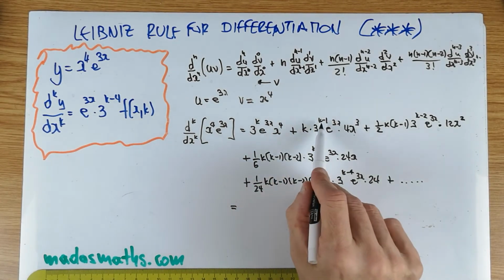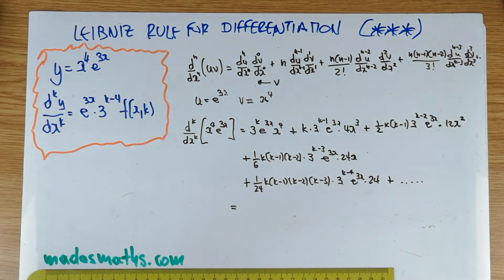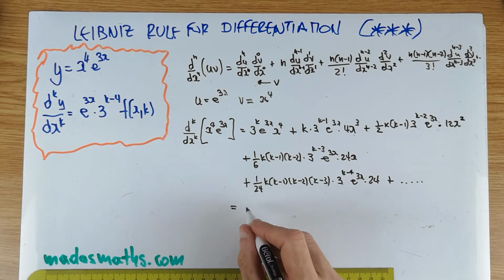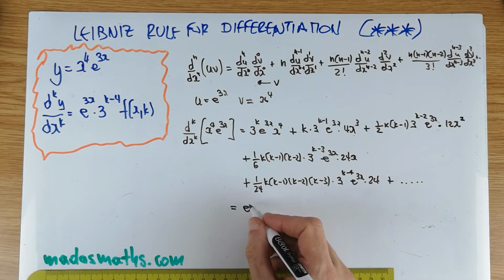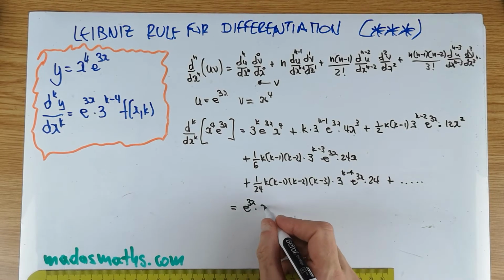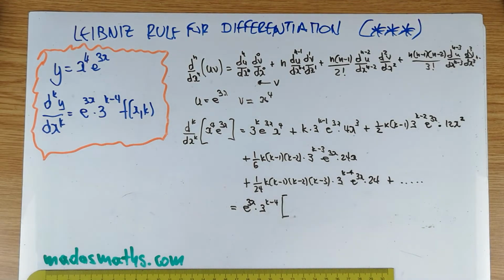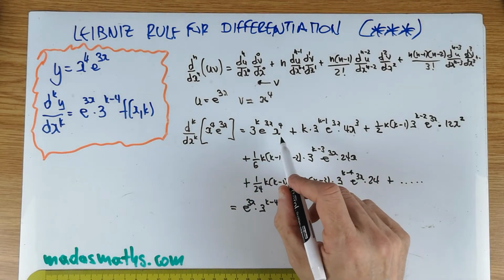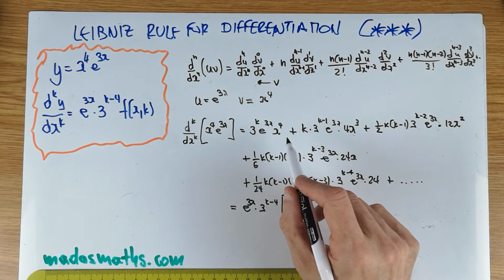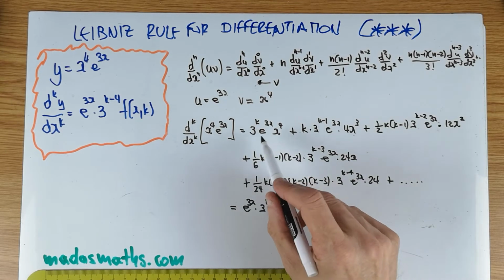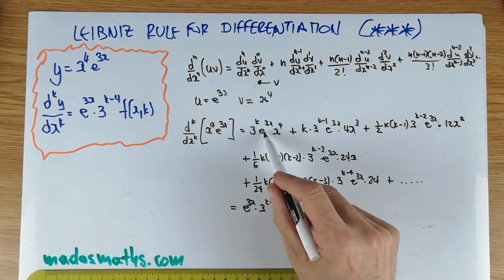Look at the pattern, k minus 1, k minus 2, k minus 3, k minus 4. So let's do that. So we have e to the 3x times 3 to the k minus 4. Big square bracket. Okay, what do we have now in this particular quantity? The exponential has gone out.